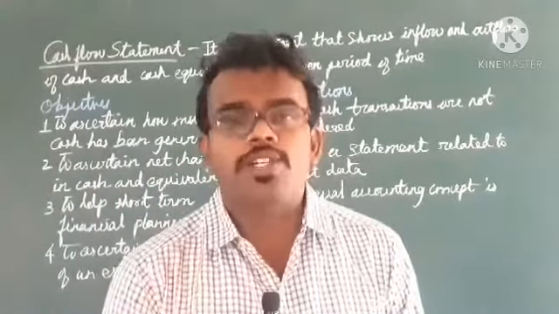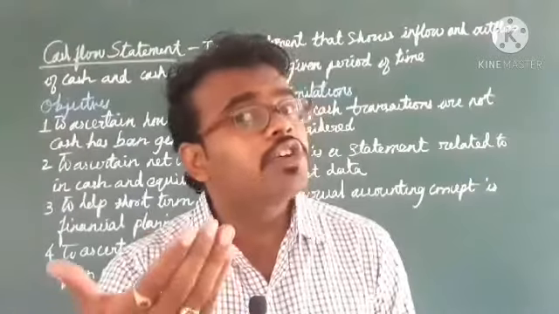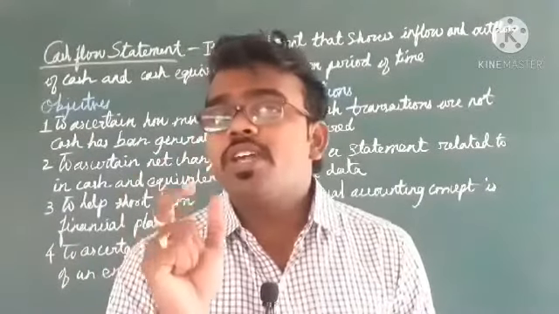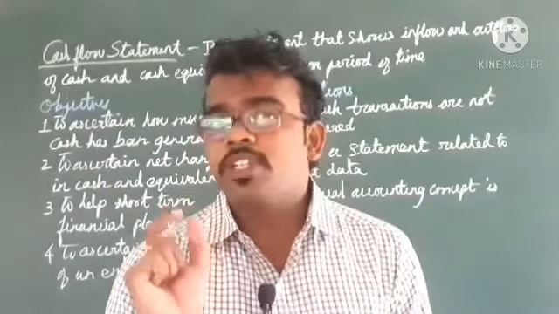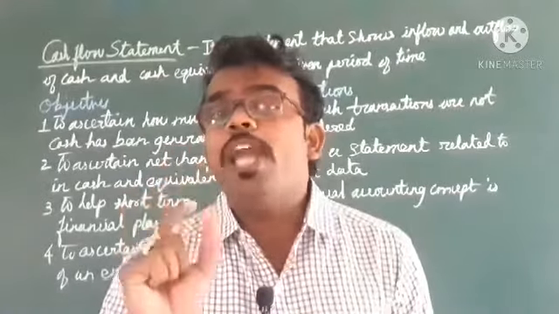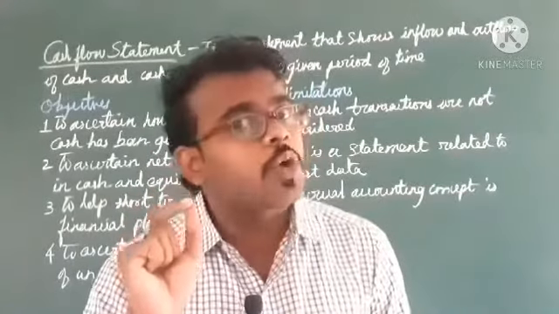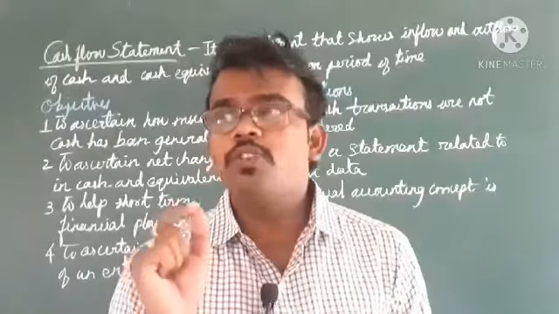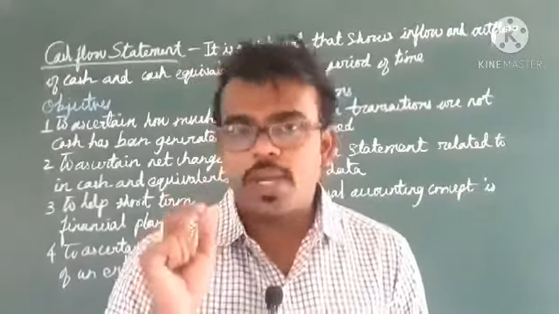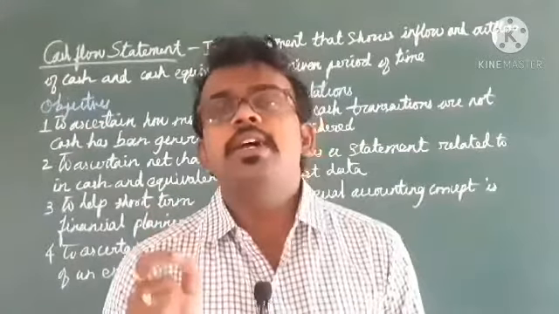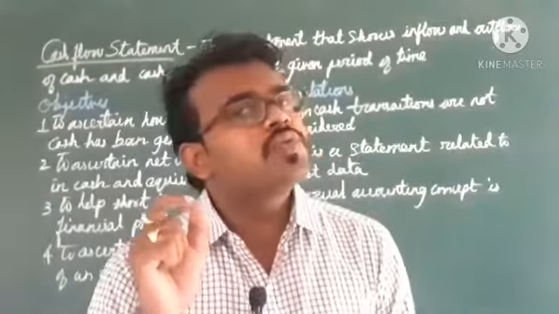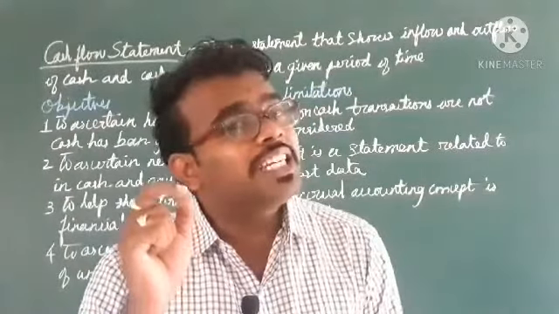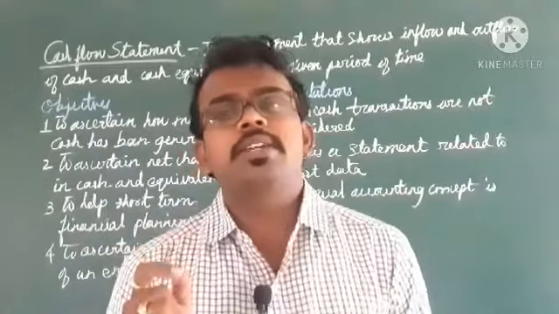You will not have the cash. What will you give? You will give a cheque. That cheque is not a waste of paper. It has a value of how much? 50,000 rupees. So, that will become what? Cash equivalent. In other words, anything which we can convert into cash within 3 months is considered as cash equivalents.